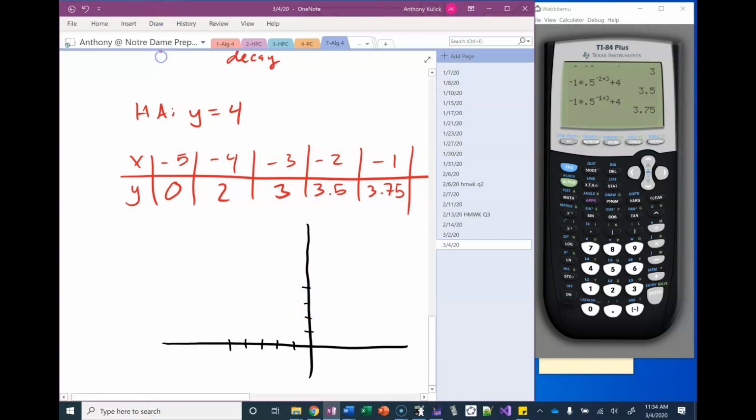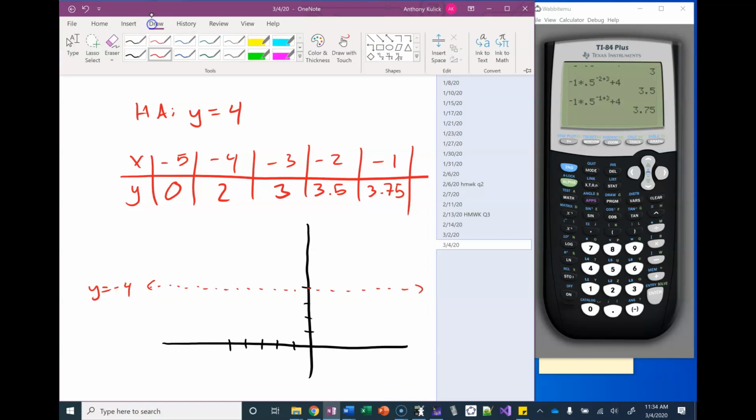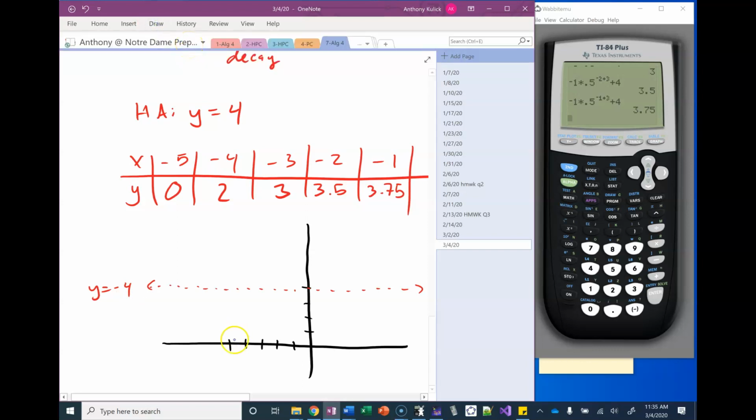So there's my xy axis. First thing I like to do is draw in my horizontal asymptote. Then let's plot our points. So I have -5, 0, -4, 2, -3, 3, -2, 3.5, and then -1, 3.75.